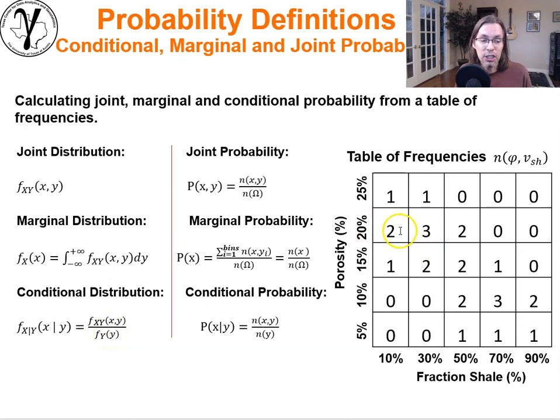If I want the conditional of porosity 20% given V shale of 10%, all I have to do is take this joint and divide it by the total number of samples in this column, where we have, in fact, conditioned. We shrunk our universe to only V shale 10%. The fraction of shale can only be 10%. This is our universe now. We take that joint, divide by that new subset of just the column, and we get the conditional.